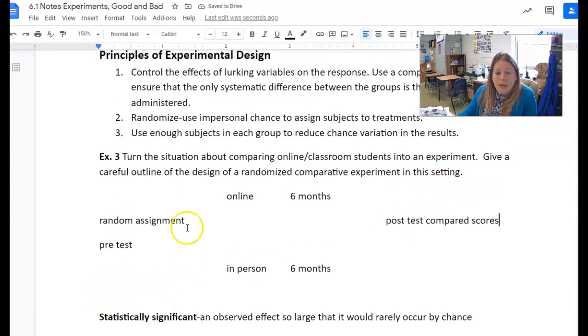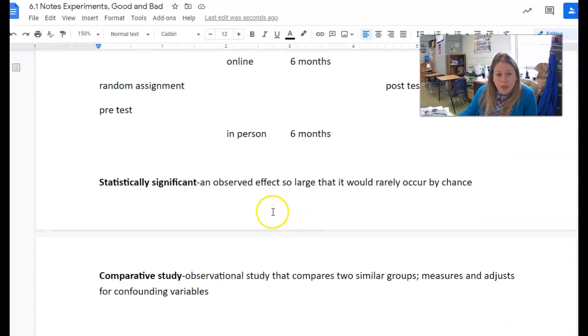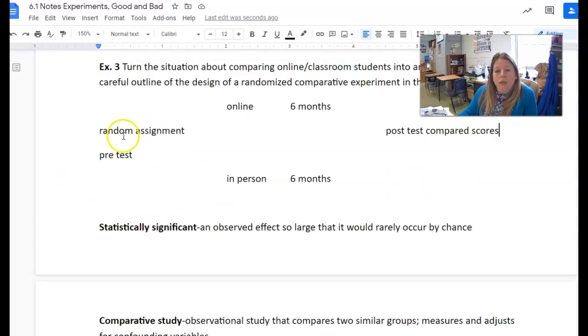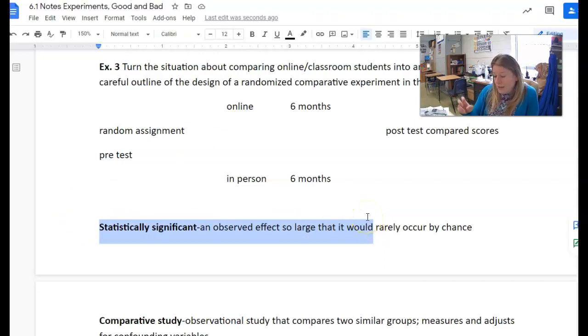Alright, so that's a basic outline of a randomized comparative experiment. Okay. Something that is statistically significant is an effect that is so large that it would rarely occur by chance. So if our online people had such a higher learning amount that it couldn't even happen by chance. So it's not just statistical error. At our point, there's no way to quantify that. There's no formula for statistical significance yet.